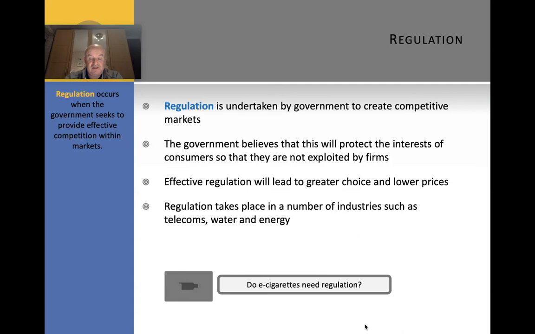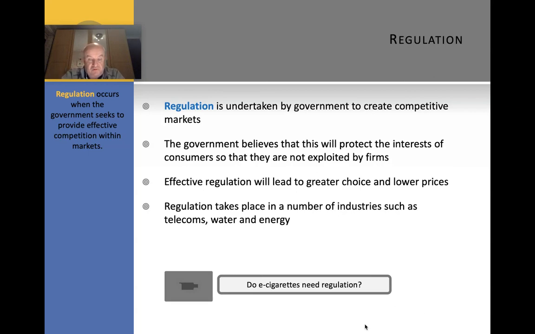And that takes place in a number of different industries. Funnily enough, in lots of industries where in the past they were in public ownership, so state-owned monopolies, if you like, in telecoms, water and energy.